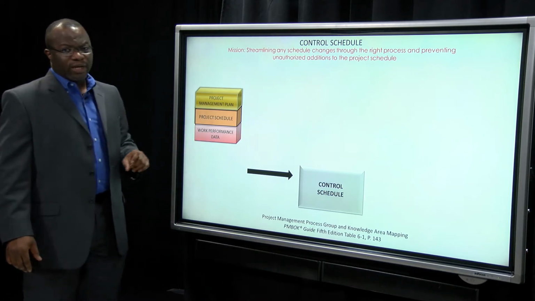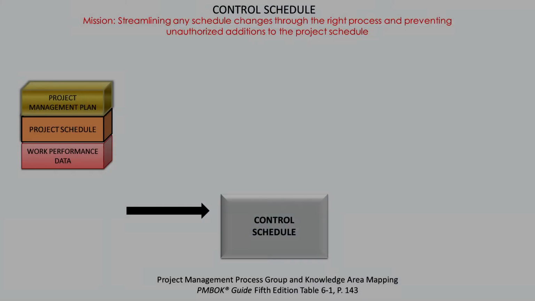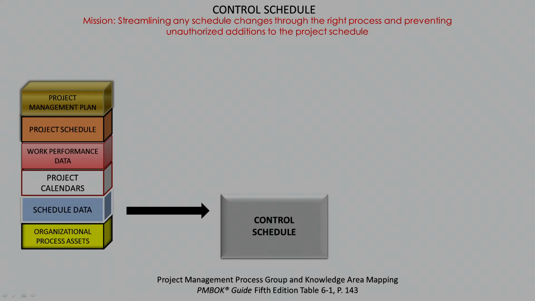Now let's zoom in at the screen here and take a closer look at what is happening next. Project calendars. We know that project calendars are synonymous with the project. They're calendars that show us the work periods that work is occurring in. We've seen schedule data previously and OPAs.